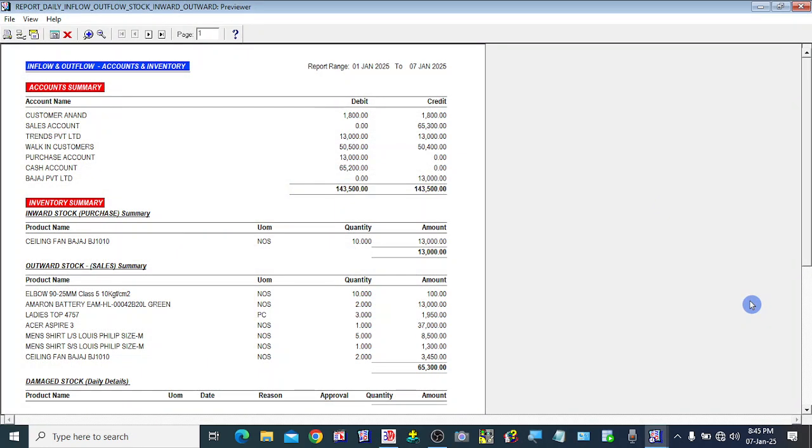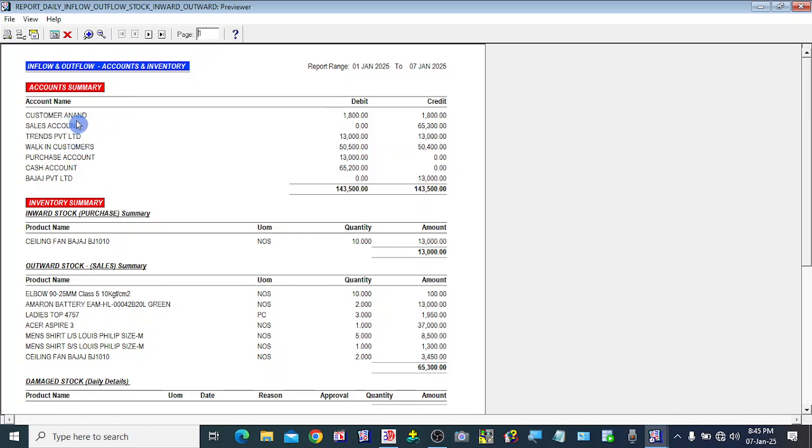in this report we can see financial as well as inventory report. On the top side you can see the account summary. Report range is 1st January to 7th January. During this 1 week time, the accounting summary you can see at the top.